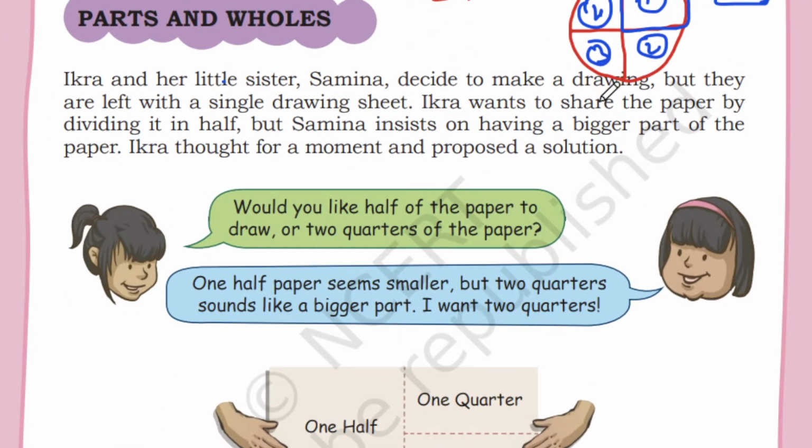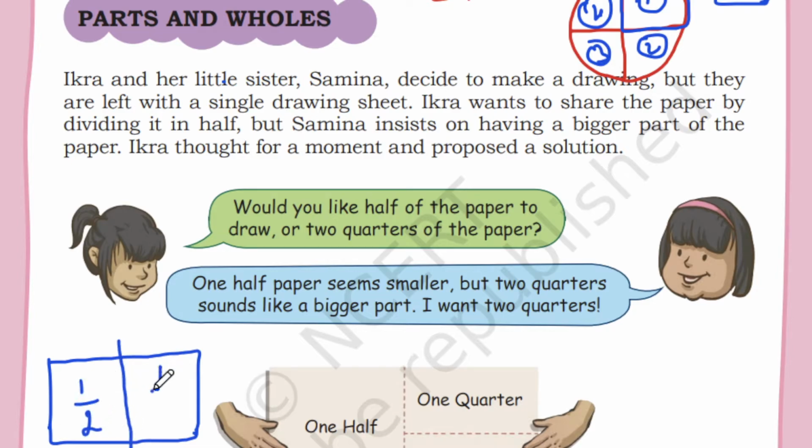Ikra wants to share the paper by dividing it into half. For example, imagine that this is the paper and she wants to divide it into two halves. Half is 1 by 2.